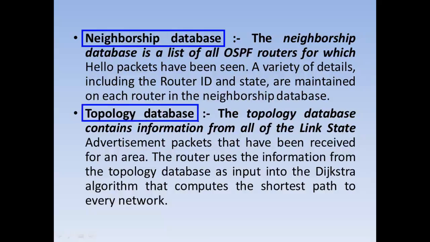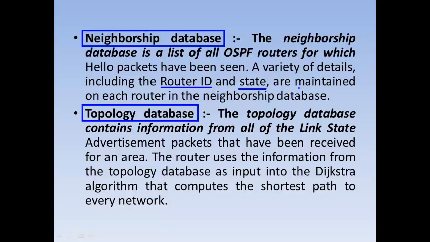As soon as adjacency is maintained, it sends the hello packet. In my next video I will tell you how it becomes a neighbor, and how long the process takes. When it sends the hello packet to the neighbor, it includes a variety of details, including the router ID, and when it sends the LSA, it includes the router ID and state, and they become neighbors.